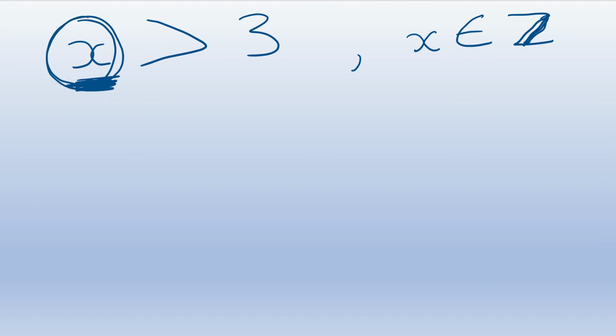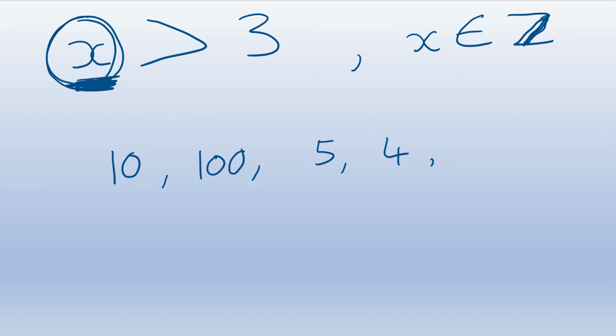It has to be an integer, so it has to be a positive or negative whole number that is greater than 3. So for that, if you think about numbers that are way bigger than 3, like 10 is going to be part of that, 100 is going to be part of that set, 5 is going to be part of that set, 4 is going to be part of that set, and you might ask, will 3 itself be part of that set?